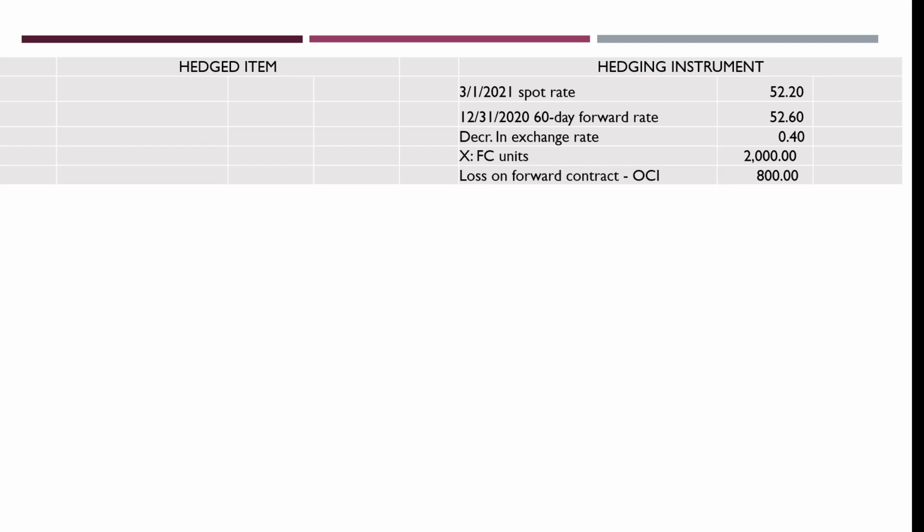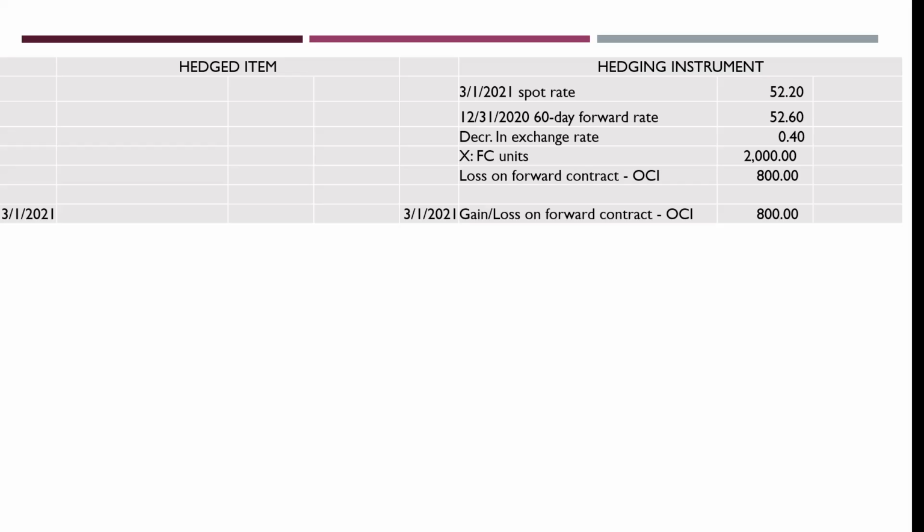Kasi unfavorable sa part natin, bumaba yung value ng foreign currency. Naiwasan natin yung pagbaba ng value ng foreign currency, kaya naging loss. Alright? Ano entry niyan on March 1? Debit, loss on forward contract, pero sa OCI pa din, credit your foreign currency receivable.